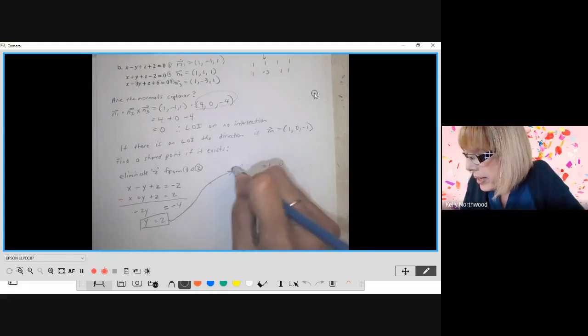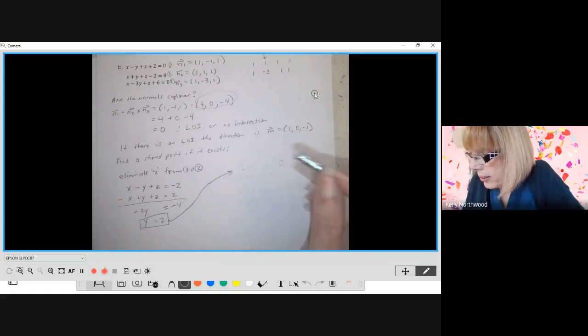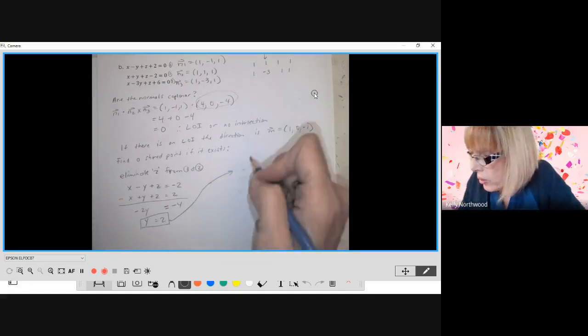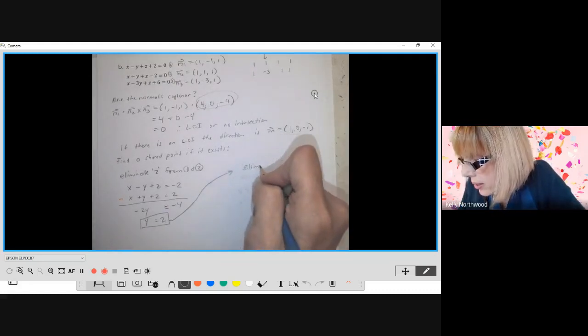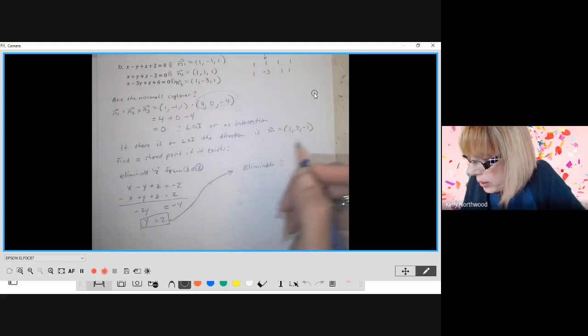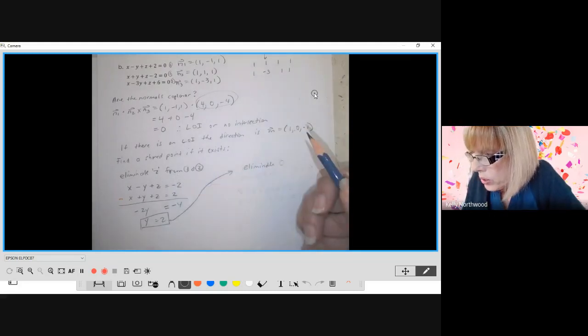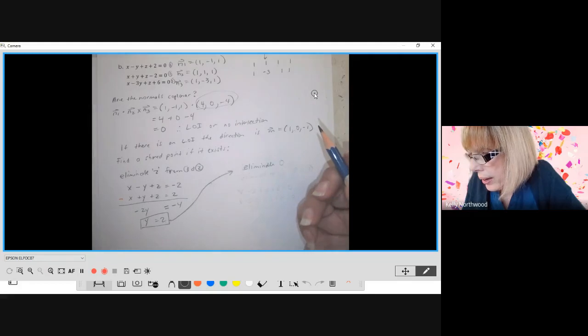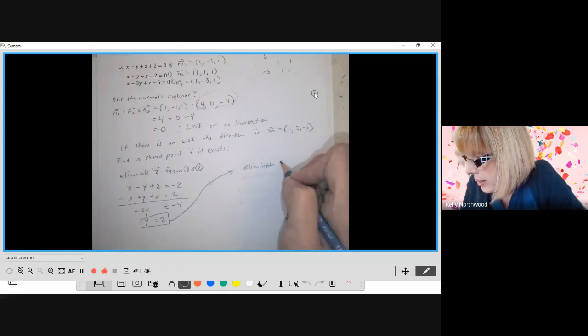So let's eliminate x instead. I think we'll end up with 0 equals 0. Eliminate x in 1 and 3.